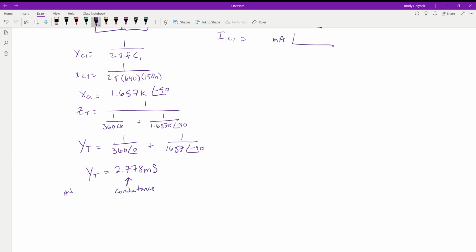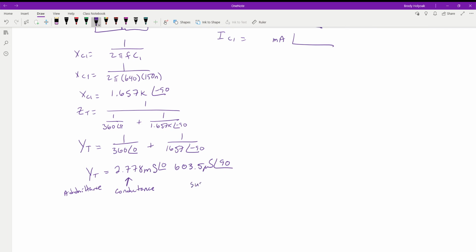This is our admittance. And then this one ends up being 603.5 micro at 90 degrees. This one's at 0 degrees. And again, this is measured in Siemens.